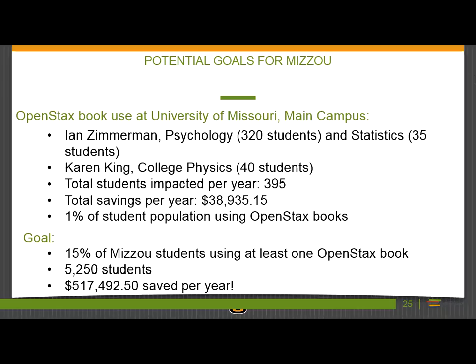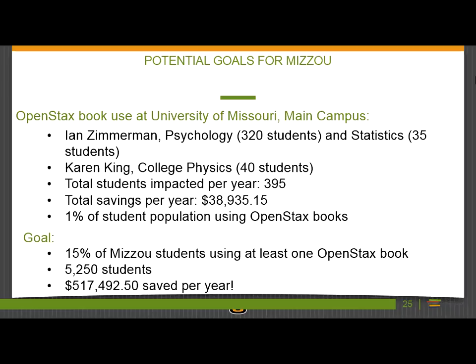So you can see here that these 2 faculty members in 3 courses have impacted almost 400 students, and that has saved those students almost $39,000 in taking these courses, which is 1% of our population here, roughly.